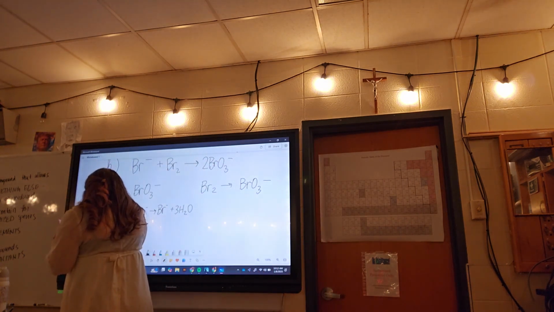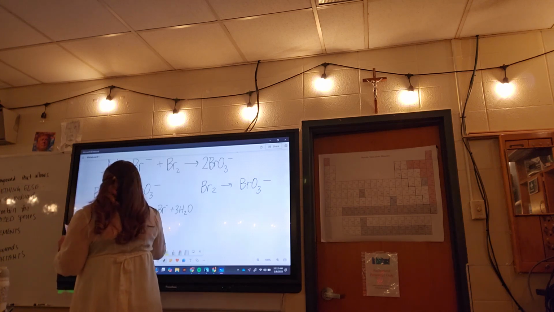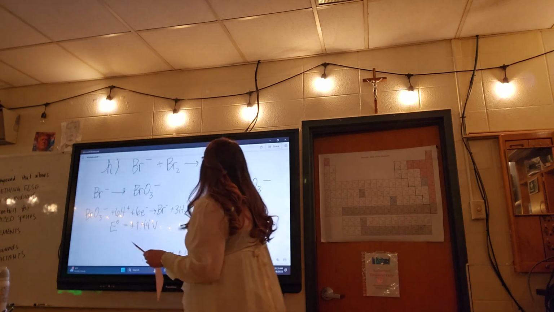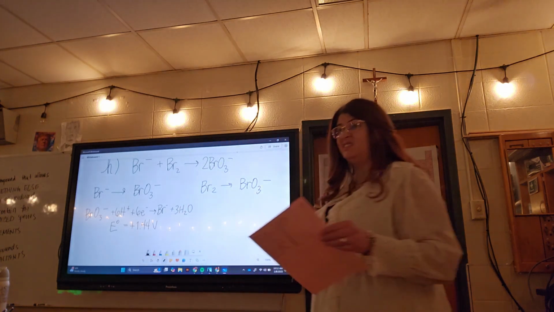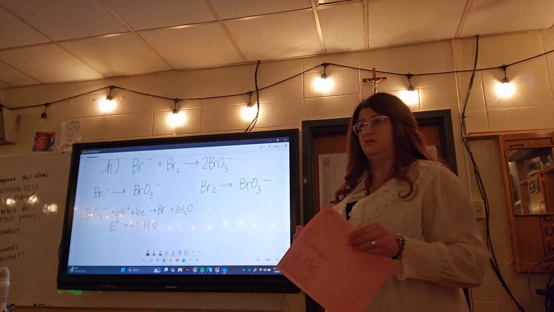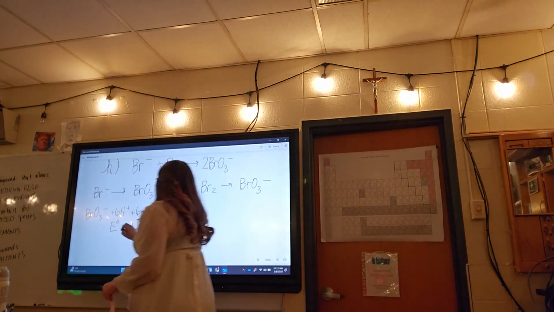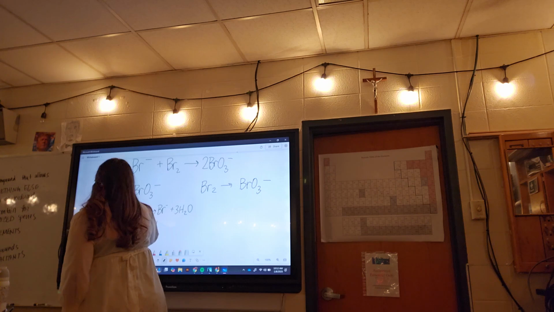It is 1, 2, 3, 4, 5, 6, 7, 8, 9, 10, 11, 12, 13, 14, 15, 16. It's like the 16th one down, and it's plus 1.44. Okay, so is this the oxidation or the reduction? Oxidation. How do you know, Mason? Backwards. Yes.